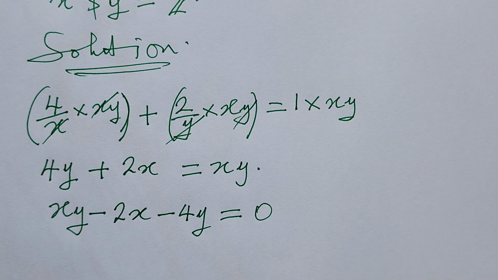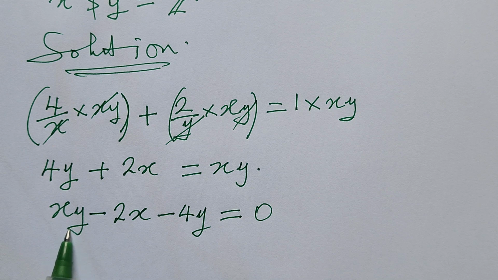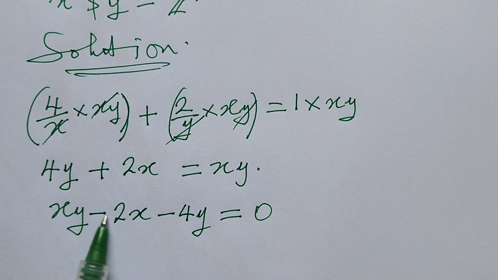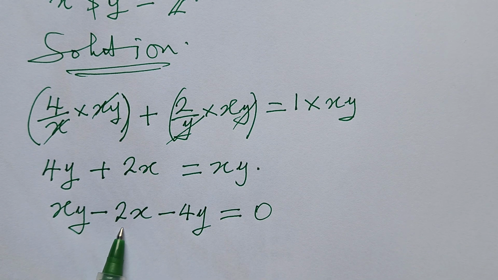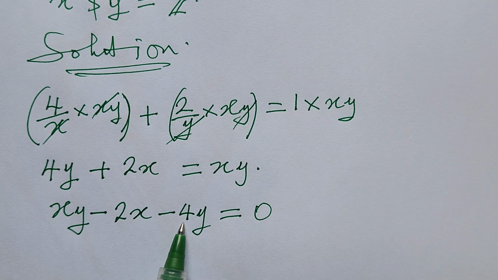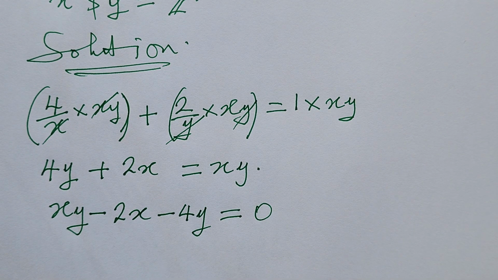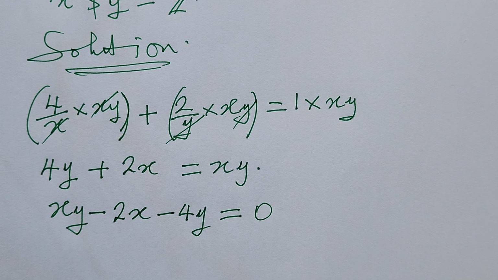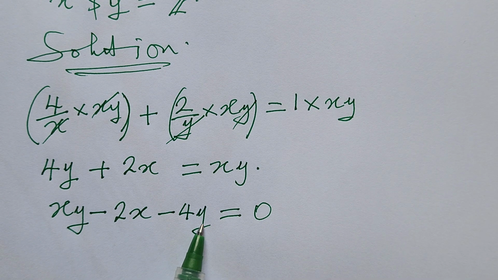Okay, so we're going to play some tricks here now. Here we have xy minus 2x. We can factor x from here, and we will be left with y minus 2. Here we have 4, so we think of a number that we can use to divide, because here we also have y.